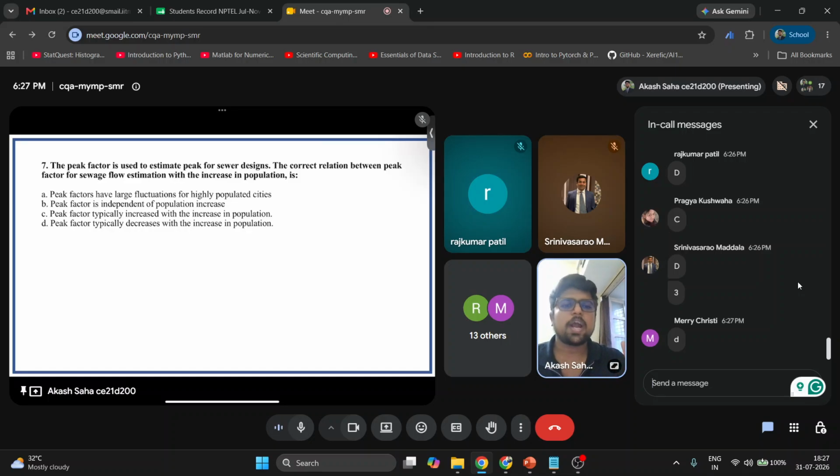So where do you think the difference between the maximum and the average will be more? Whether it will be for less number of people or more number of people. Think in that way, then you will be able to give the correct answer.